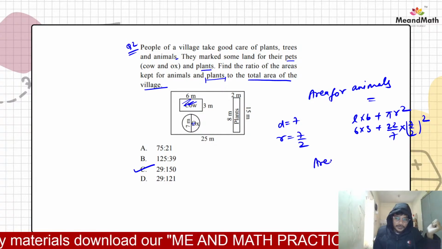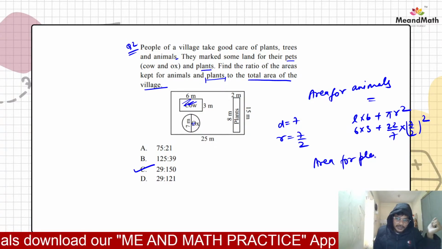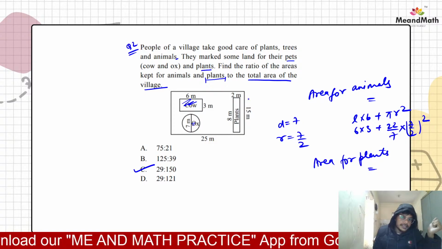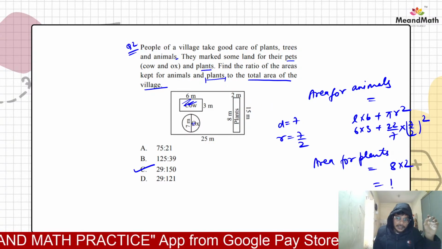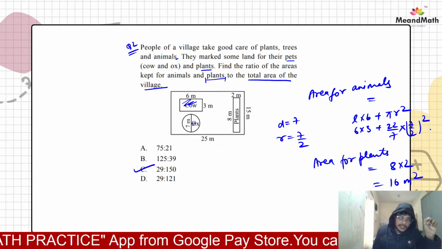And then the area for plants would be again L into B, because this is a rectangular shape, that would be 8 into 2, that is 16 meter square, right?